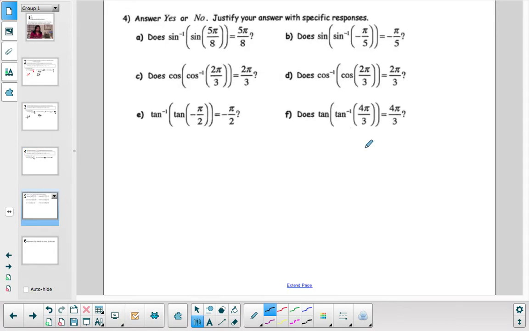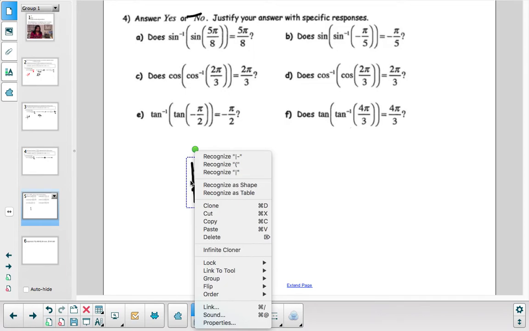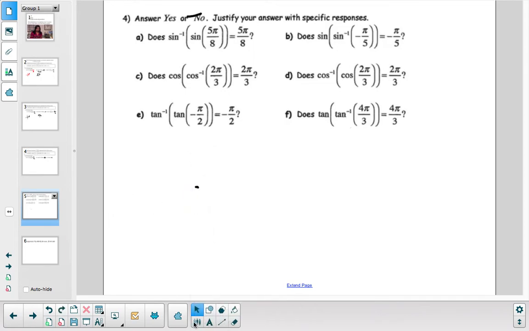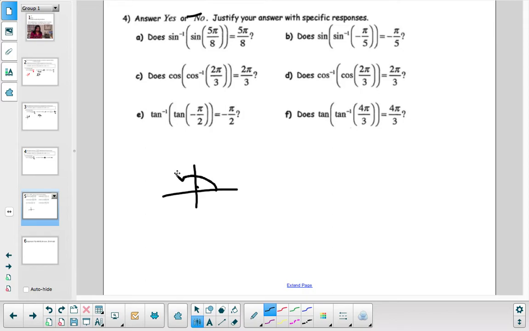In these cases, though, we're starting to get into some tricks, some things you need to pay attention to. With A, 5 pi over 8, I'm going to draw it down here. 5 pi over 8 is over here, ish. Okay.